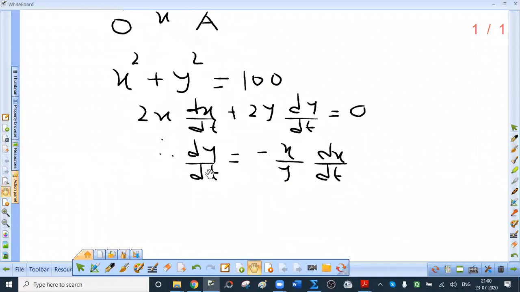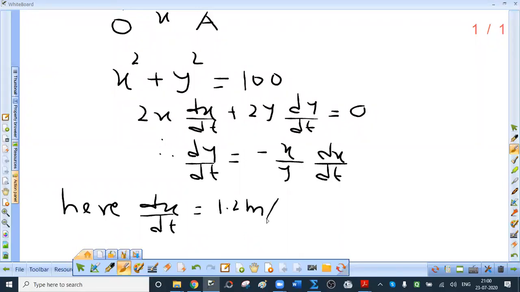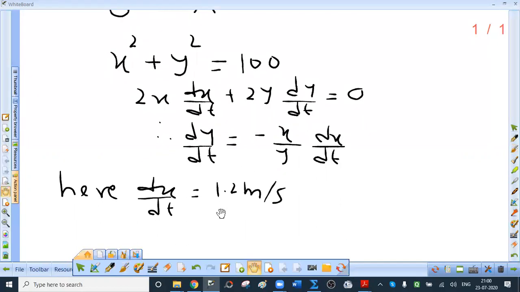Now, the next step, what is dx dt? Values are given. Here, dx dt is given to be what? 1.2 meter per second. Okay.